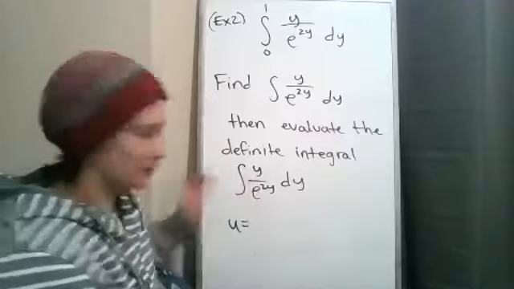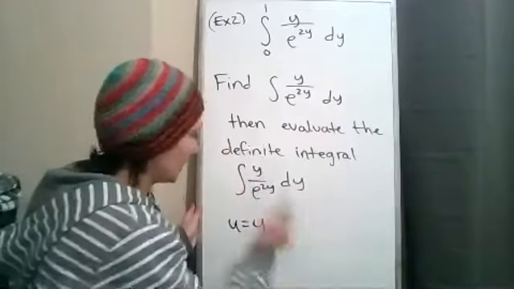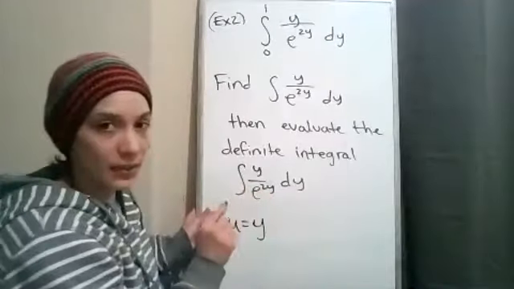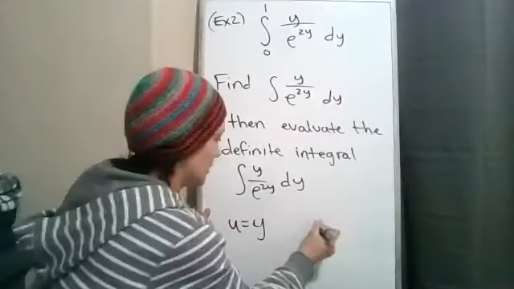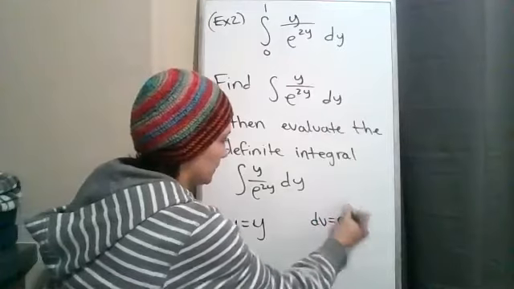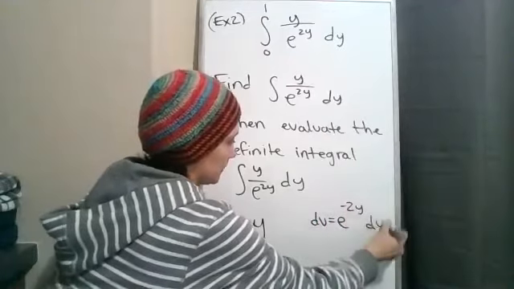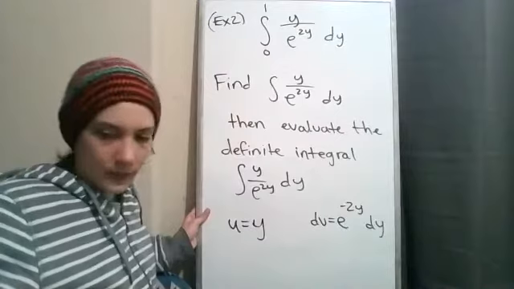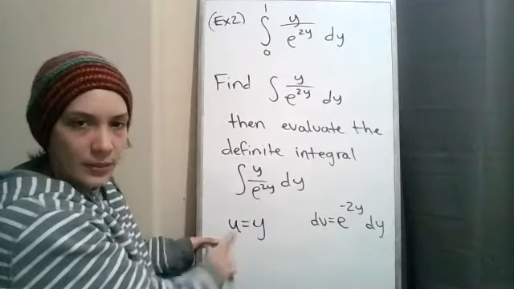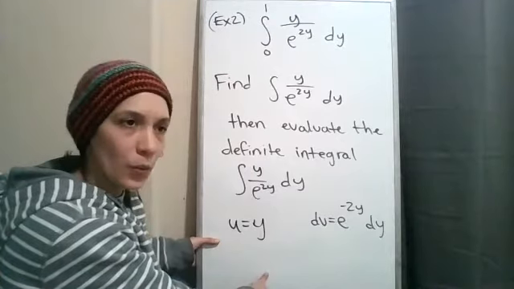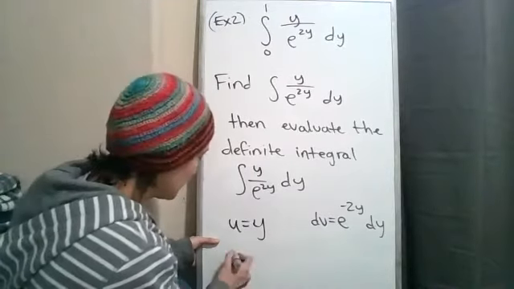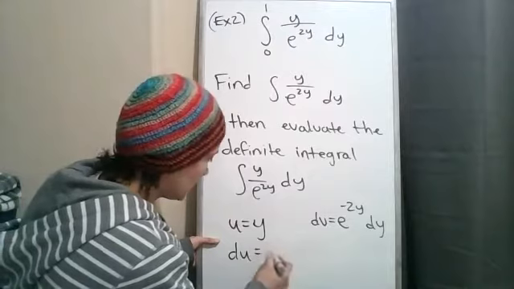So use y. And dv will equal e to the negative 2y dy. So this side will do the derivative. du will equal 1 times dy. So du equals 1 dy.